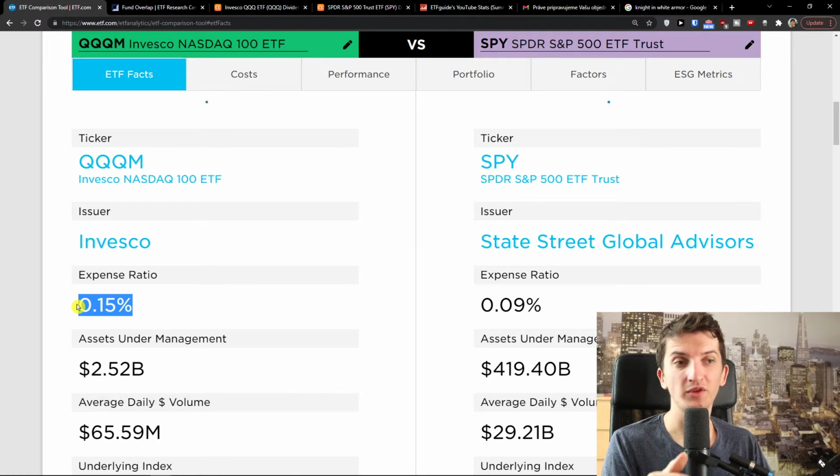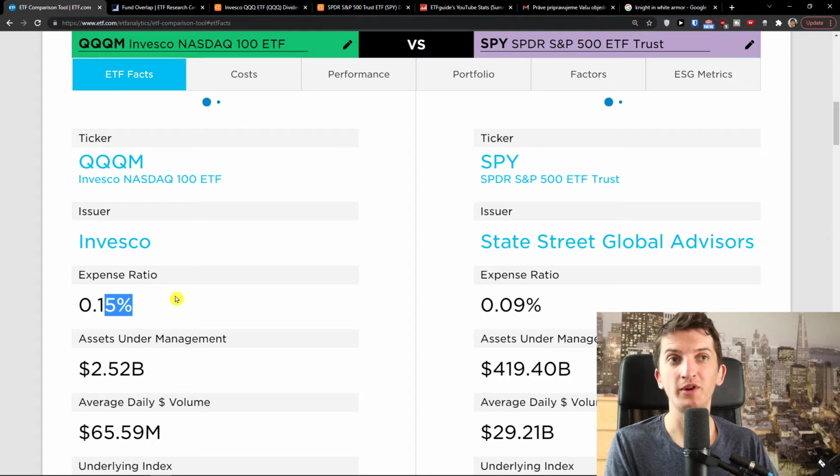They did it because they wanted to be more competitive, because if they lowered the expense ratio of QQQ, they would lose money. But right now they're like, okay, here's QQQM for incoming investors, and they can invest in QQQM long-term or short-term, that's completely up to them.